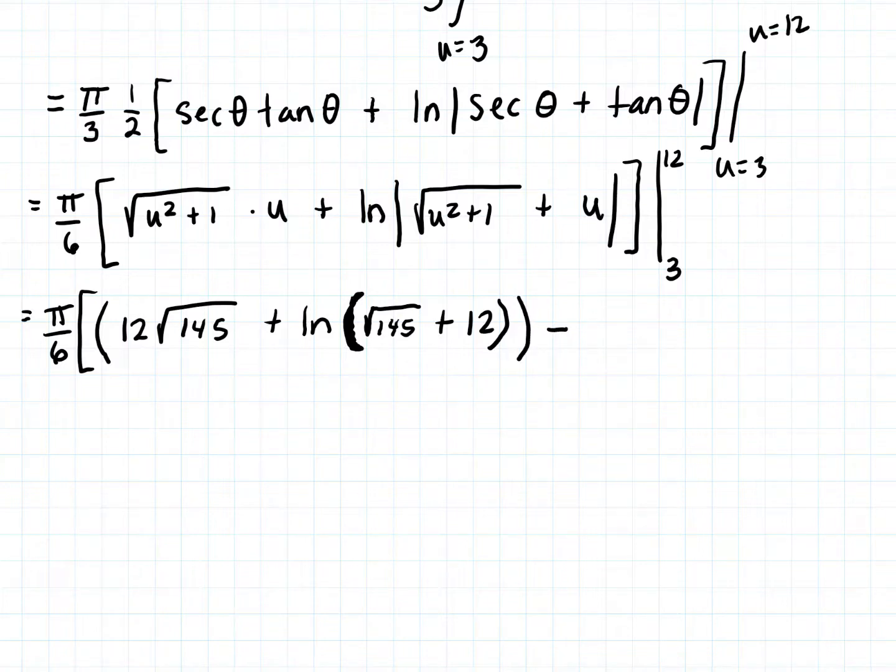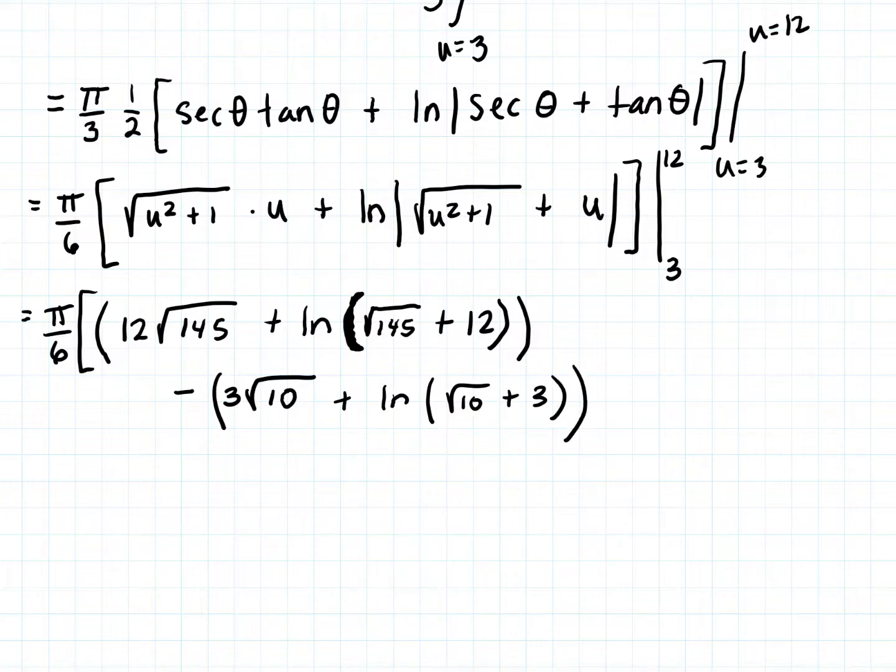Minus, let's do the minus underneath, minus, and then we're going to have 3 times the square root of 10 plus the natural log of the square root of 10 plus 3. Again, positive, so I can drop those absolute values. Okay. And I'm going to go ahead and leave it like that.